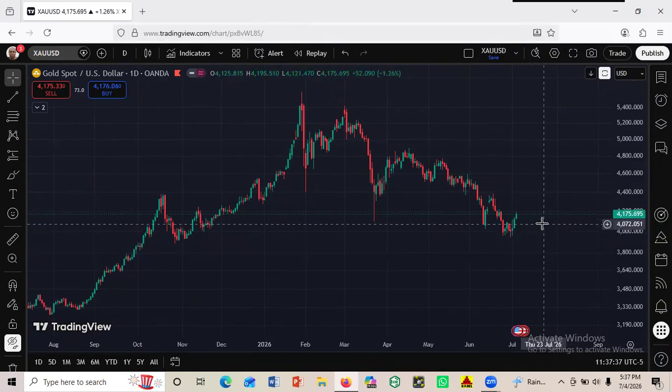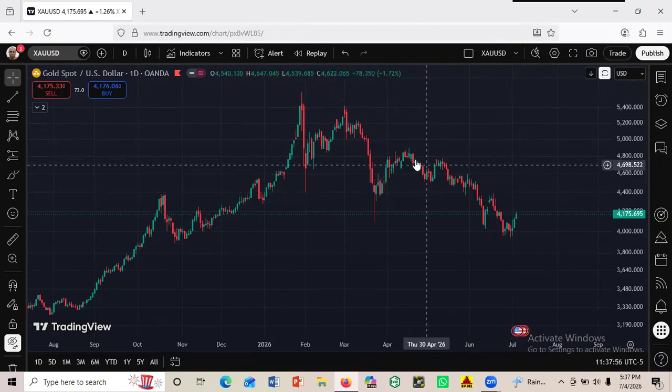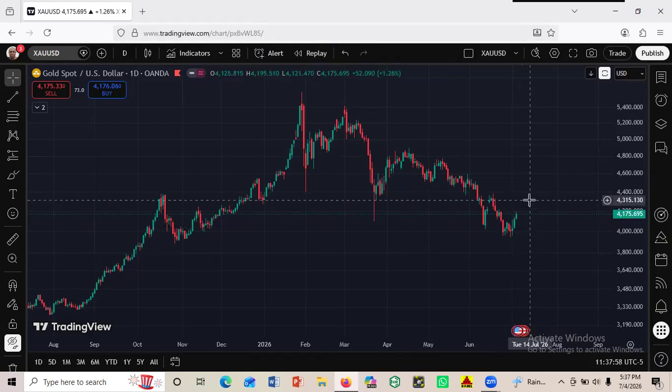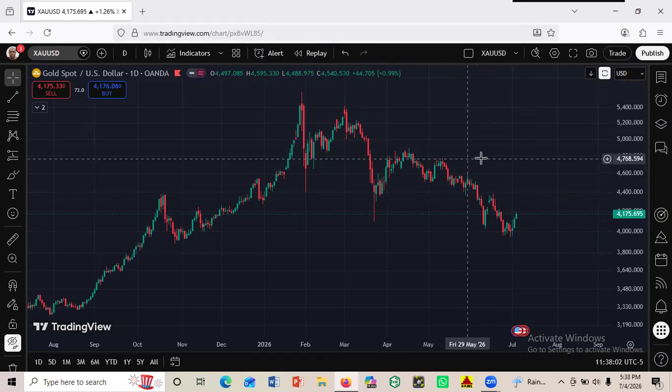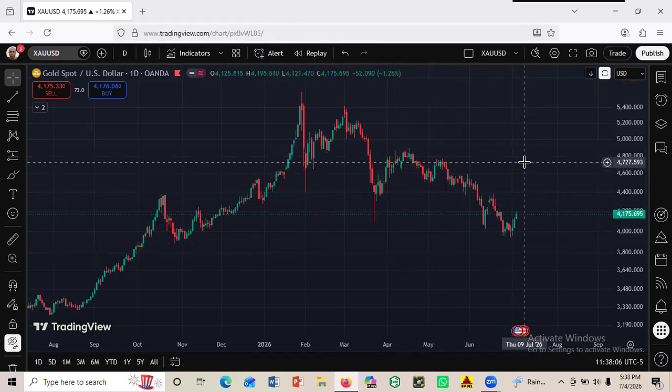Now, what is possible here is that this area at 4,380 is a big resistance for price now. If gold should close on top of this to break it, it means that this whole leg also is done. They are going temporarily bullish to give you an independent leg to make it 1, 2, 3.